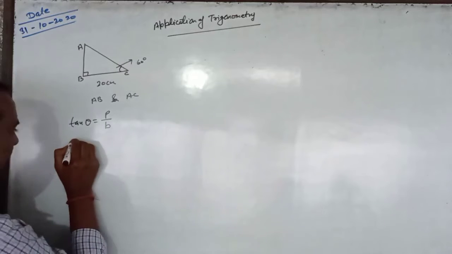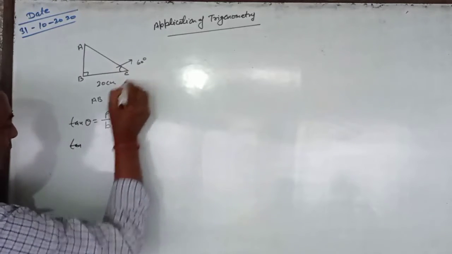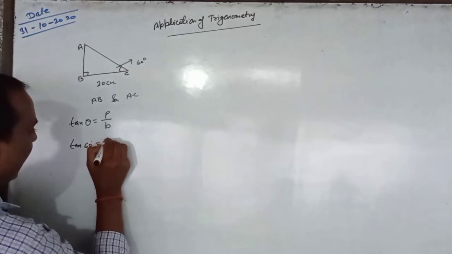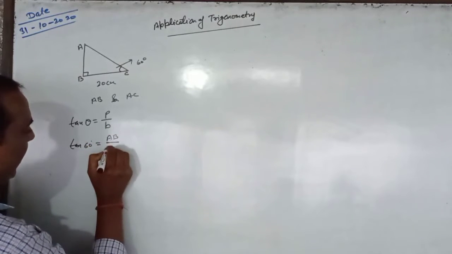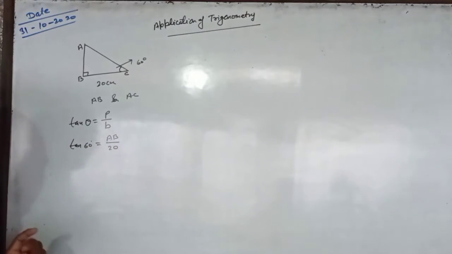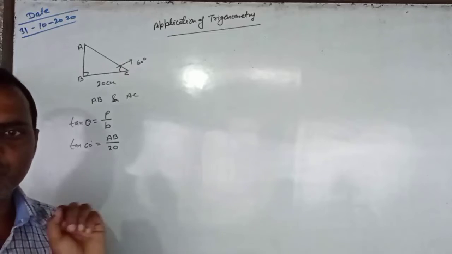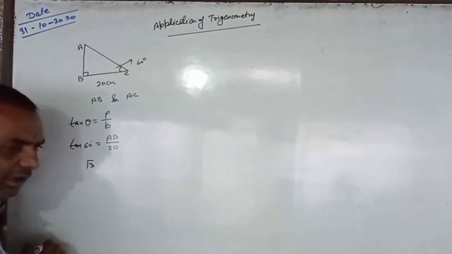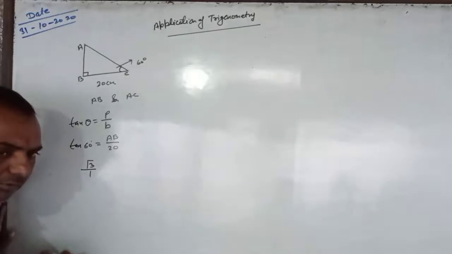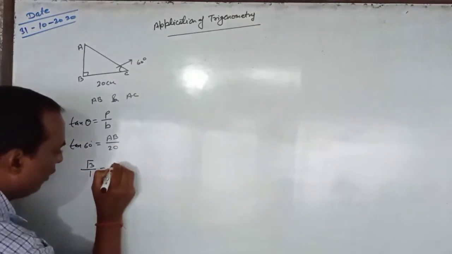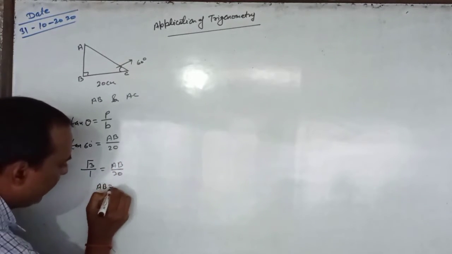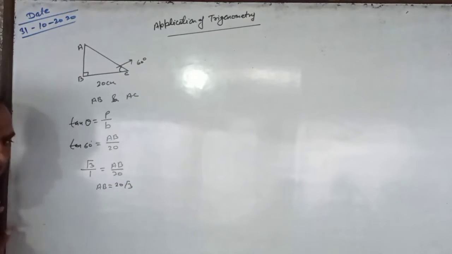So here tan theta, in place of theta 60 degrees, equals perpendicular, we have to find AB, and base is 20. Now the value of tan 60 is root 3, or we can write root 3 by 1 also, and equal to AB by 20. So AB will be 20 root 3.